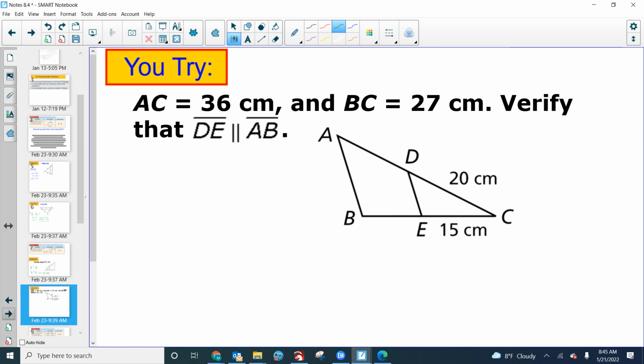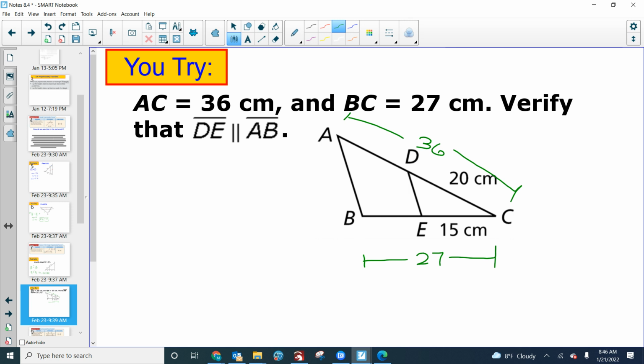Here we go. I like to label the picture. I recommend you do as well. AC is 36. Well, that is the whole thing here. BC is 27. Verify the segments are parallel. Now, the converse of the triangle proportionality theorem doesn't say anything about this segment over the whole side length.